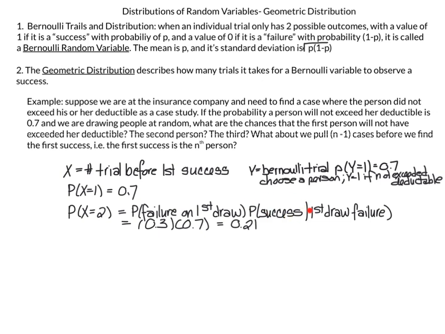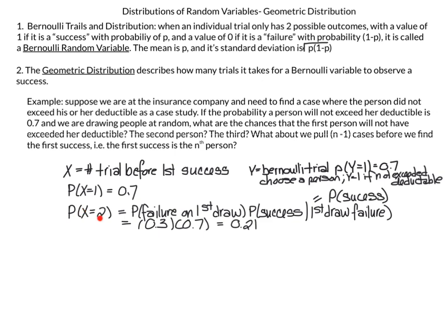It's a success given the first draw is a failure. But since our Bernoulli trials are individual trials, they're independent, so this actually just becomes the probability of success. It's not necessarily a conditional probability.